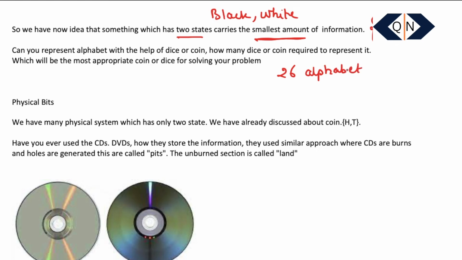Okay, so this is a sort of homework. Can you represent this with the help of dice or coin, or you can combine dice and coin? So write in the comment how many dice or coins are required to represent it. Which will be the most appropriate coin or dice for solving the above problem?